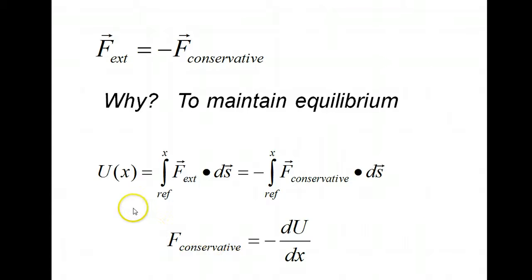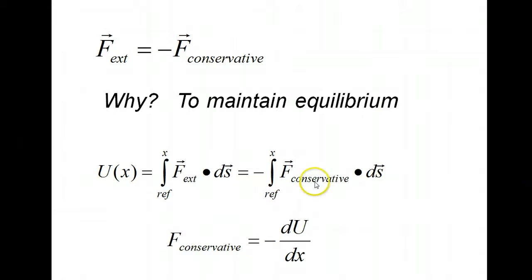And so while we write that the potential energy is the work done by the external agent, I can substitute the force exerted by the external agent, using this relationship, as negative the force exerted by the conservative force.